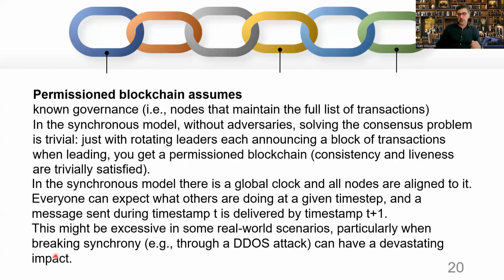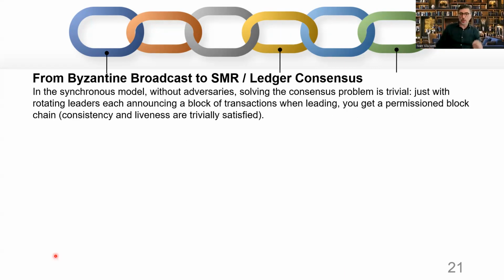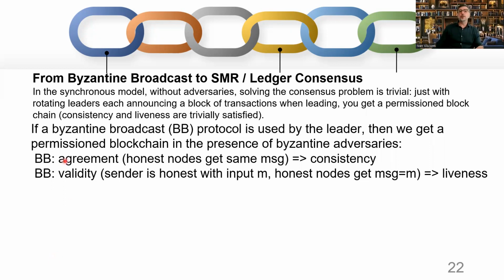So I just told you that there is an approach that works in the synchronous model, very simple, but without adversaries. And again, the same approach will still work with adversaries if you use Byzantine broadcast to announce your next block.